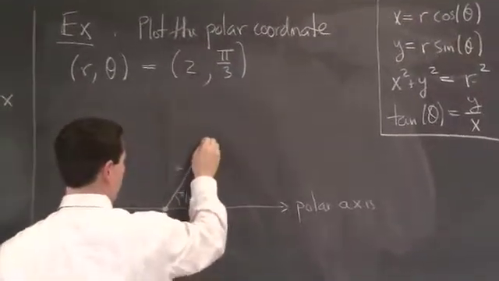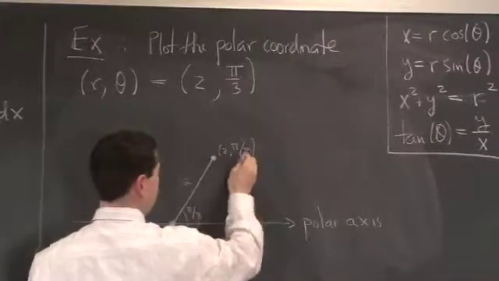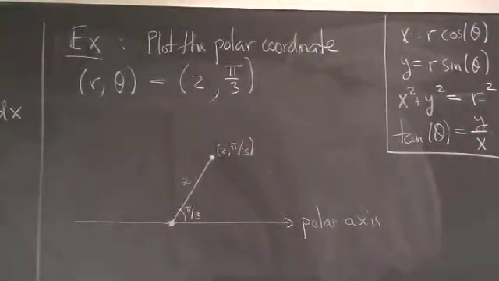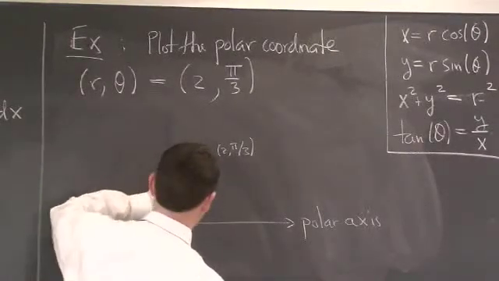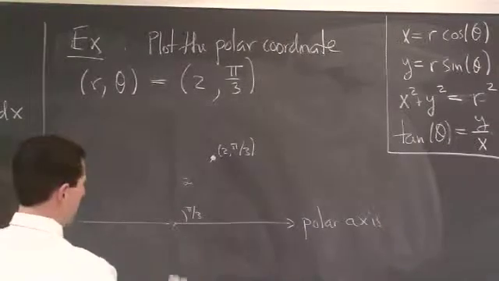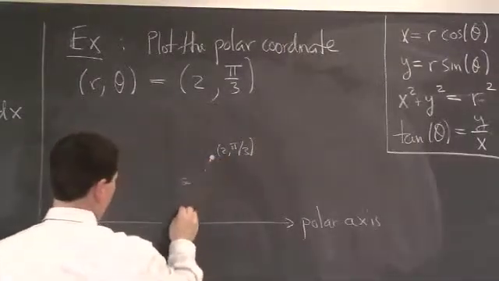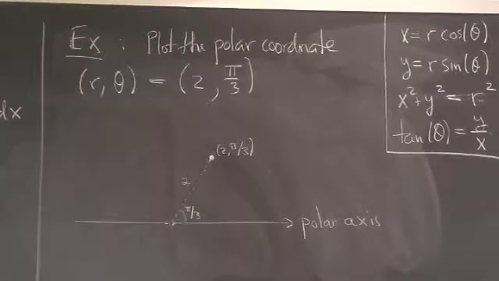The point is right there. There's the point, 2 comma pi over 3. So actually, in the end, you get rid of that line. It's hidden in the background. Same thing with that angle. Okay, that's the point.